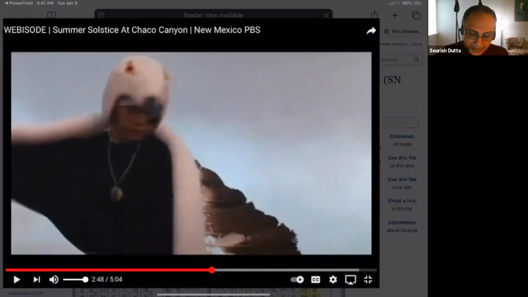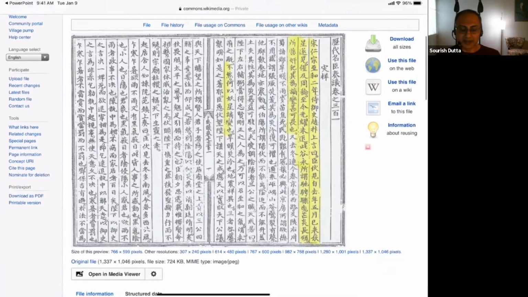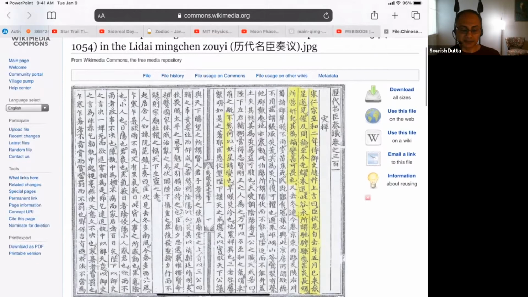This inscription is an ancient Chinese record of the 1054 supernova.